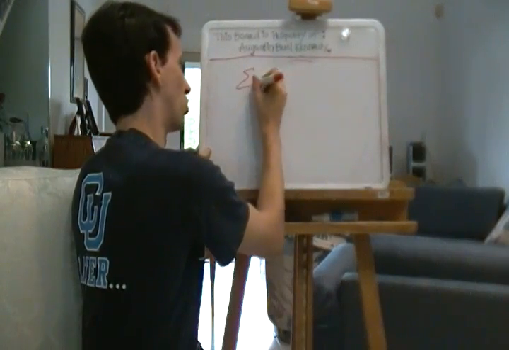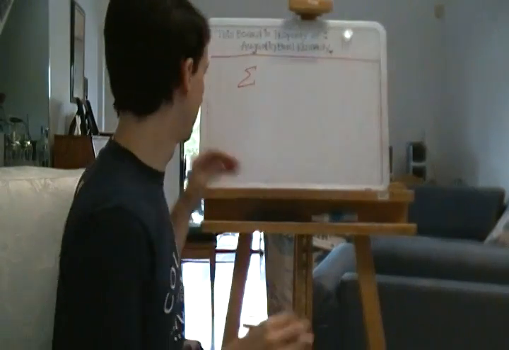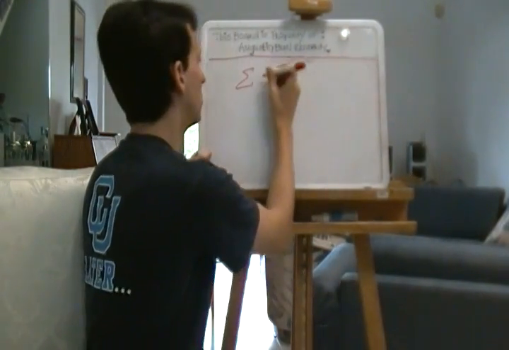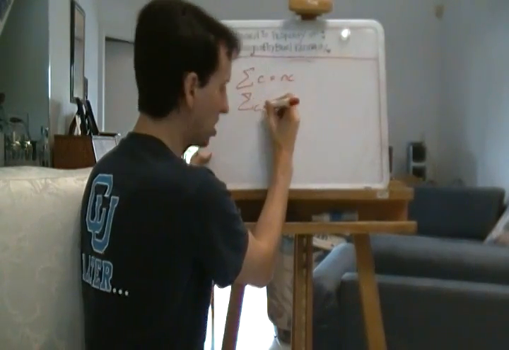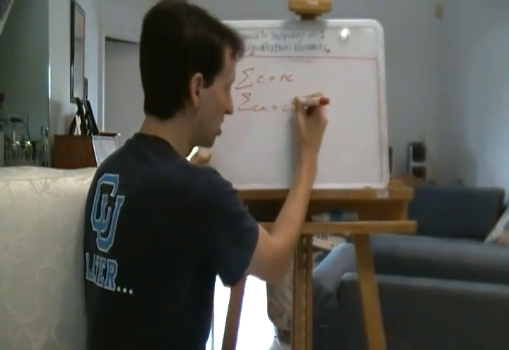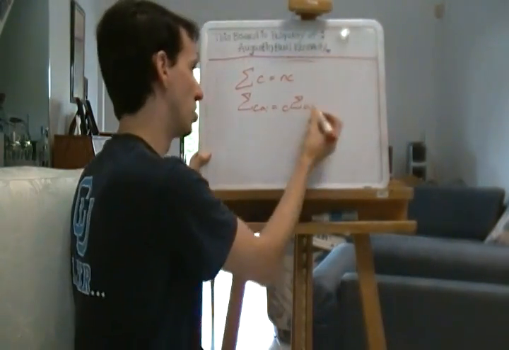From here on out, if I just write a sigma, it should be understood that it's from i equals 1 to n. So the sum of c is nc. The sum of c times a sub i is c times the sum of a sub i, a constant multiplied times the sum.